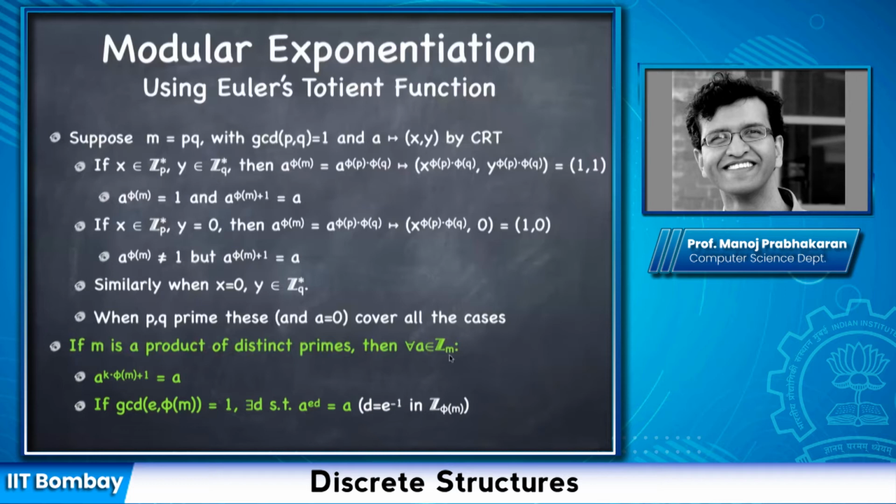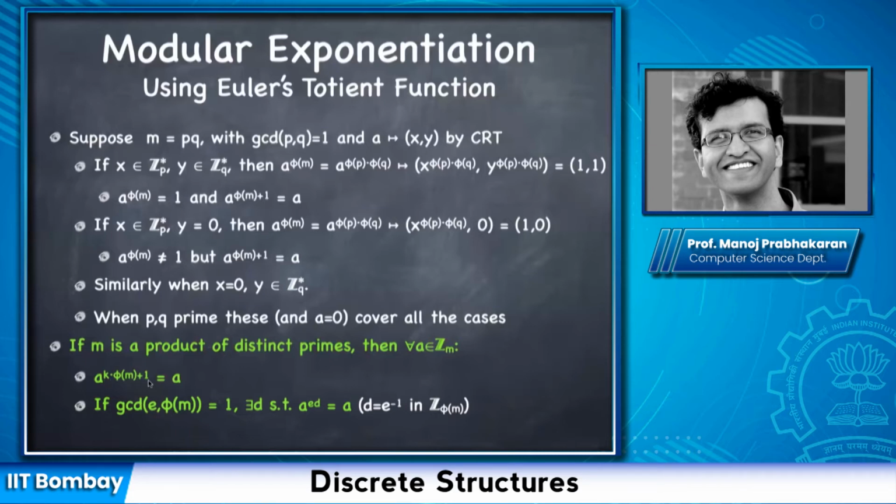And a is just an element in Zm, not necessarily in Zm star. And as long as e has a multiplicative inverse modulo phi m, so actually e is in Z star phi m, then there is a d such that e times d is of this form, right?